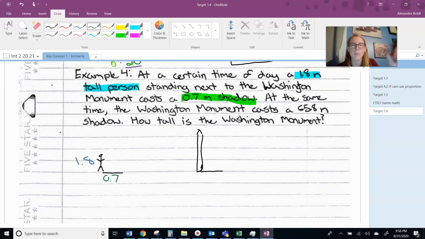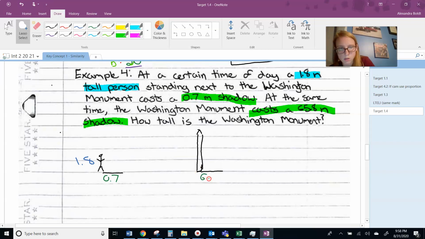At the same time, the Washington Monument casts a 65.8 meter shadow. So 65.8. How tall is the Washington Monument? So that's right. The question is always what your variable is.